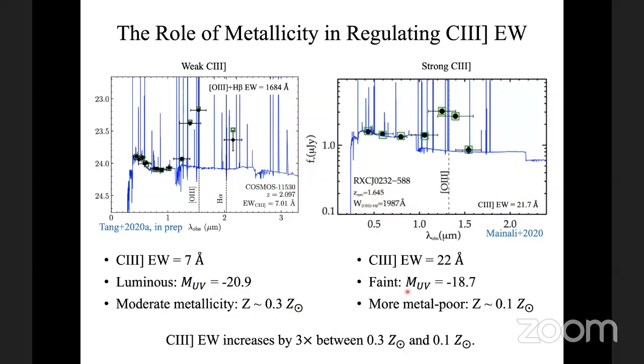The strong carbon-3 emitter is much fainter, with more metal poor gas, only about 0.1 solar metallicity. So we see here that the carbon-3 equivalent width increases by 3 times between 0.3 solar metallicity and 0.1 solar metallicity, even though they have very similarly large optical line equivalent width.